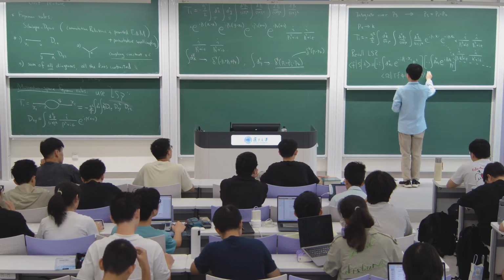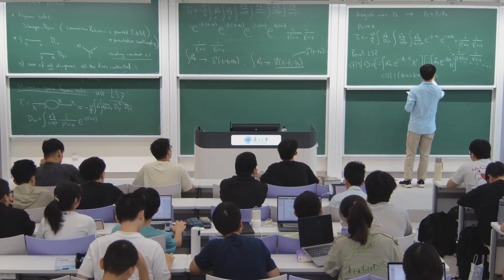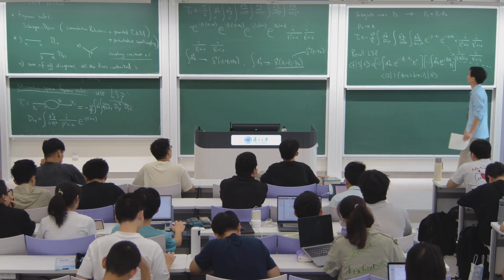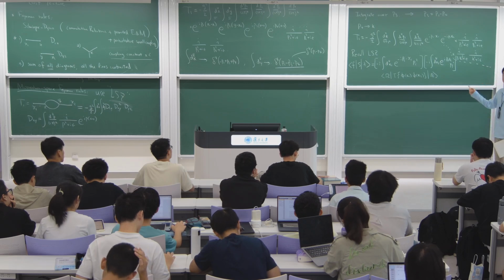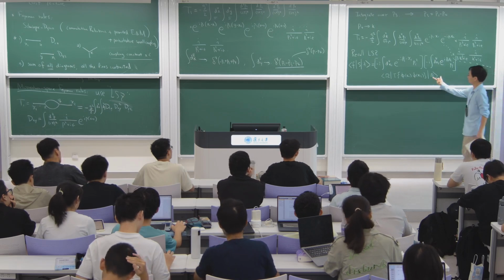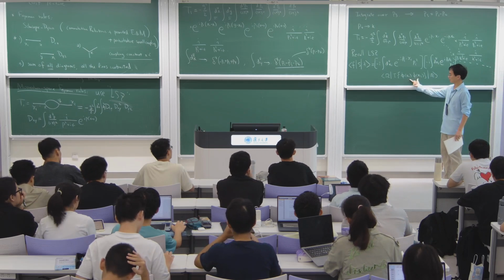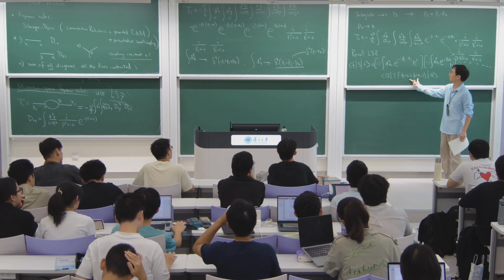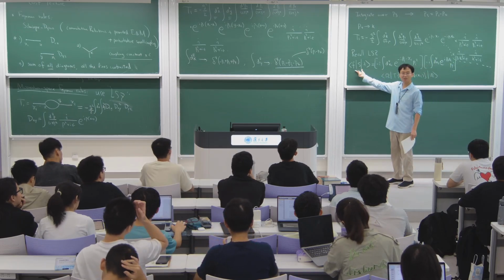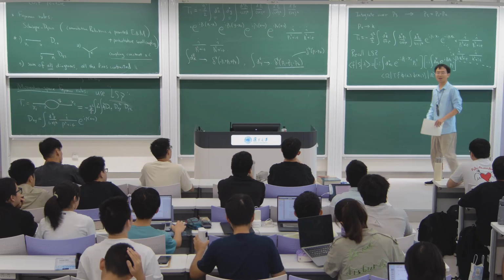This is the Z for the interacting theory. This is the LSD. LSD tells you how to go from the time ordered position space correlation function to the S matrix element.